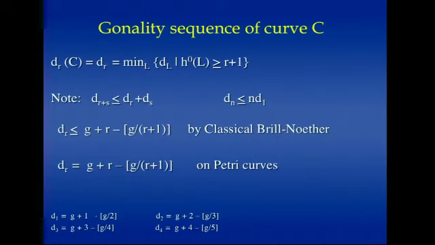These are calculations on the Petri curve, but you can calculate these numbers most of the time for a lot of nice curves, and this is very closely related to Brill-Noether for rank 1, because we have very nice results for rank 1. By classical Brill-Noether, we know that this degree has to be smaller. This is the expected degree coming out from the fact that the locus is not empty. And we prove that on Petri curves, you're actually getting the highest possible gonality.